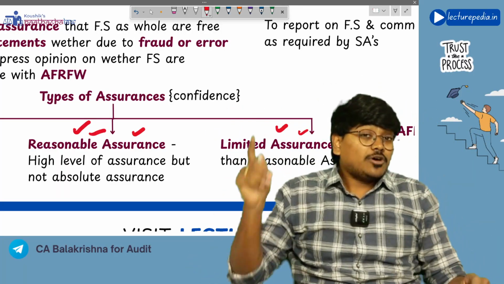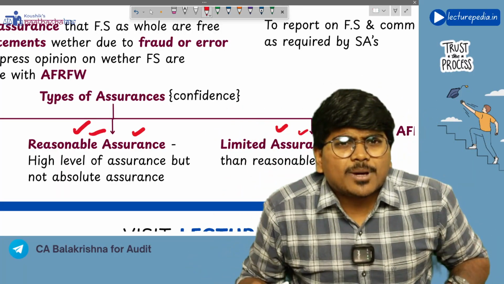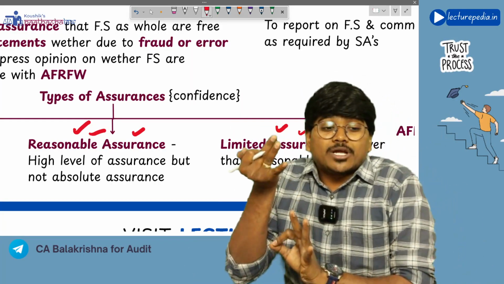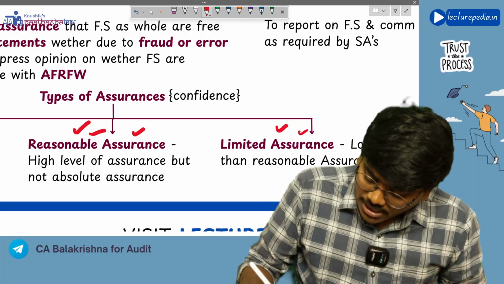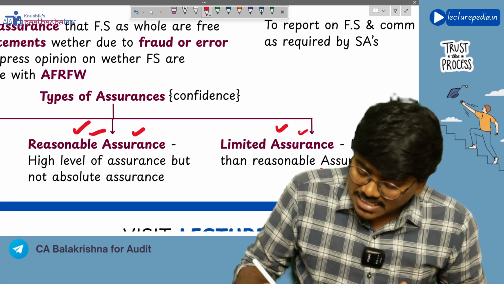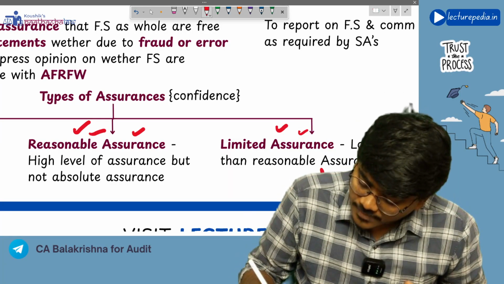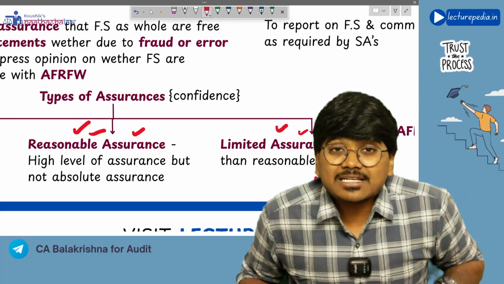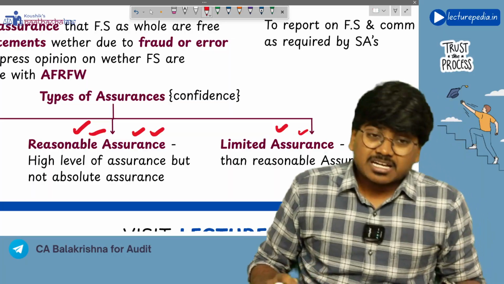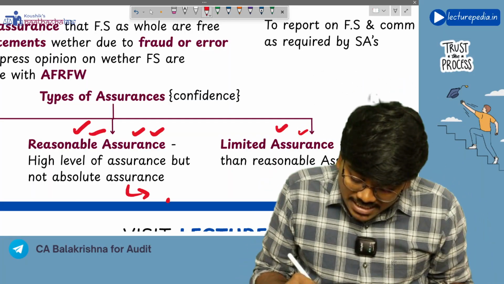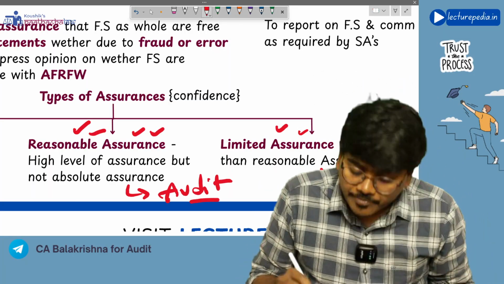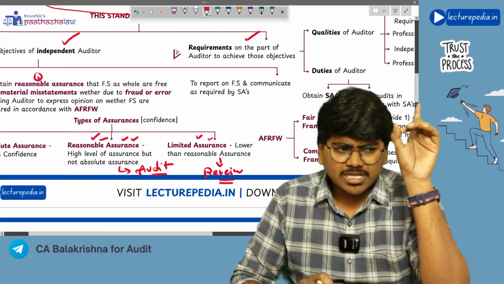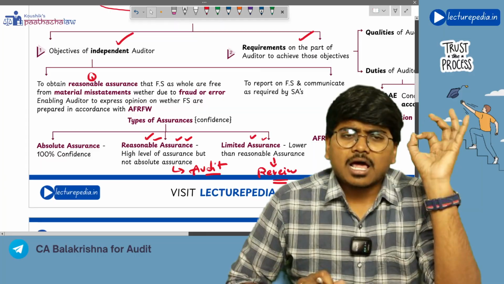Whereas in case of limited assurance, the auditor will perform only some audit procedures that are sufficient for the purpose of obtaining limited assurance. If the auditor is giving limited assurance, we'll call it a review. If the auditor is giving reasonable assurance, we'll call it an audit. Got it? So that is the first term, reasonable assurance.